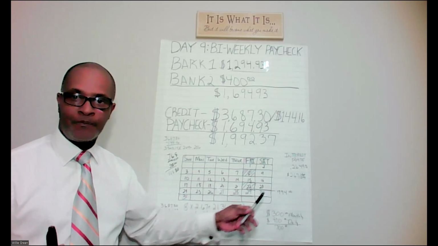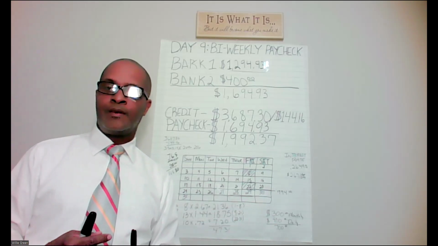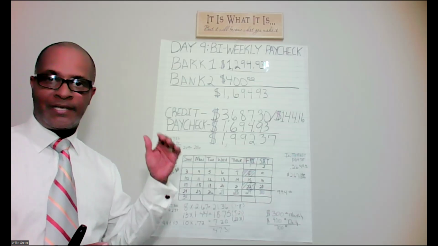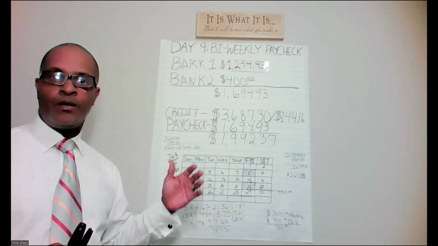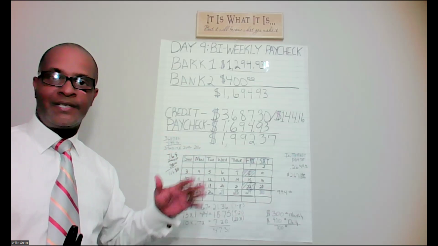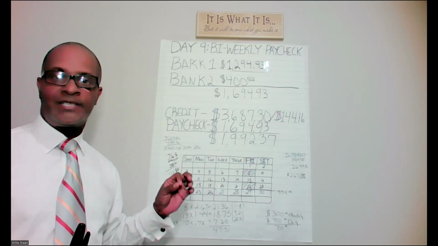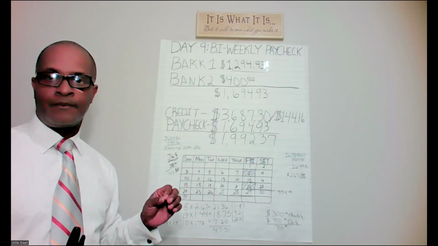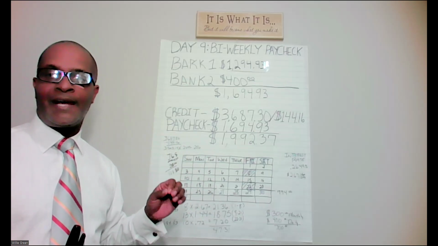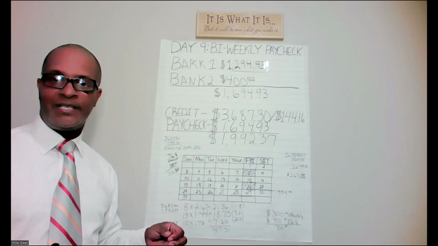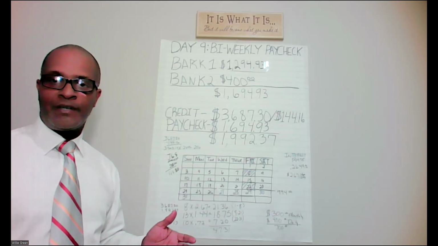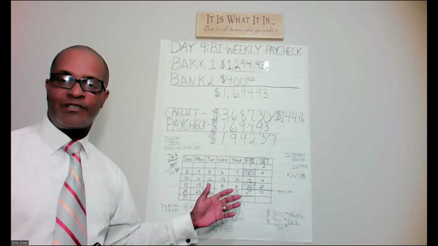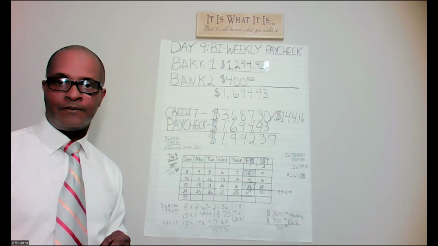In the previous videos, we calculated the average daily balance by taking the balance of the card, multiplying it by the interest rate, in this case 26.49 percent, or 0.2649, then dividing that by the number of days in the year. Because we're in a leap year, it's 366 in comparison to the usual 365.